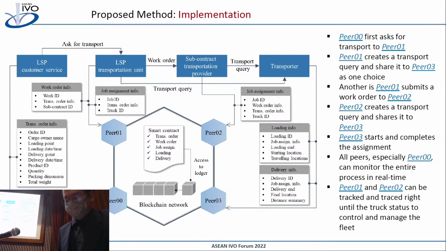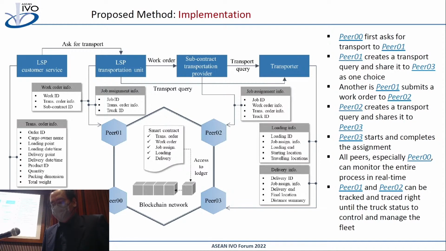Another is that peer 01 submits a work order to peer 02 with the work order information. Peer 02 then creates a transport query and shares it to peer 03 with job assignment information. Peer 03 starts an assignment with the loading information, and creates and completes the assignment with the important delivery information update.